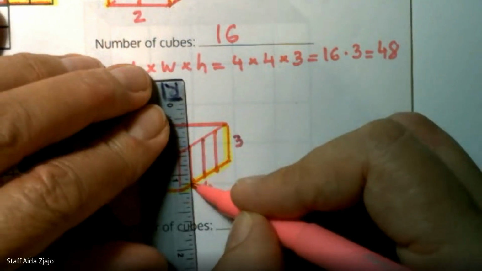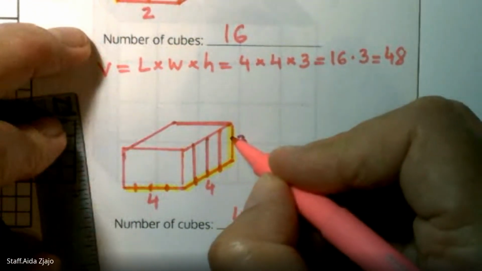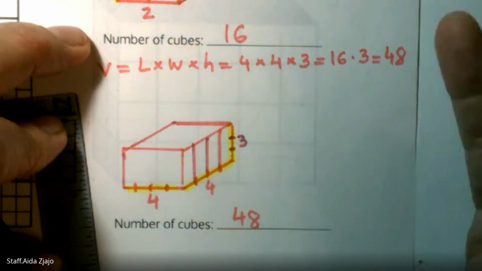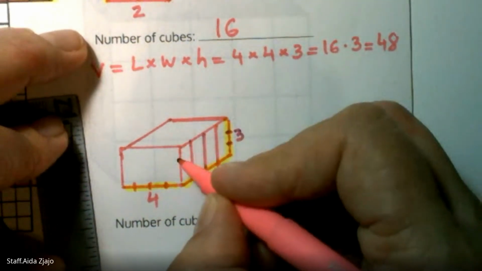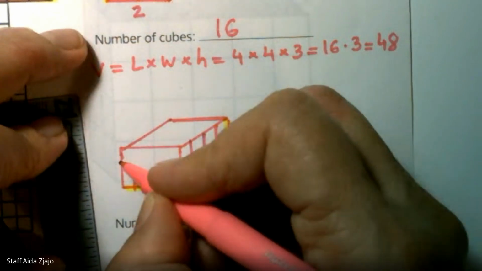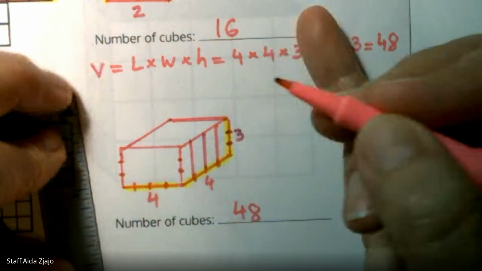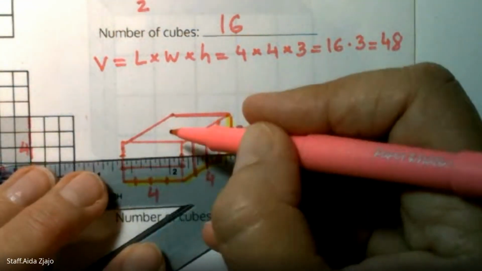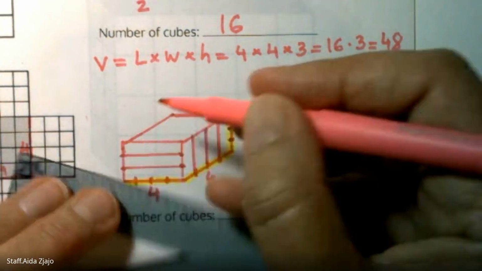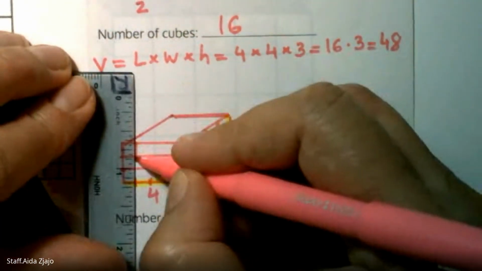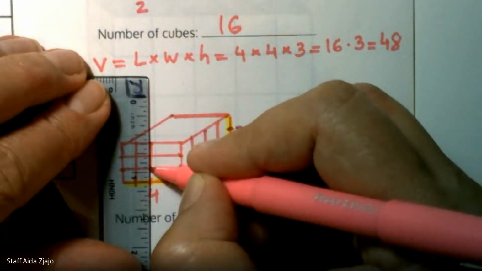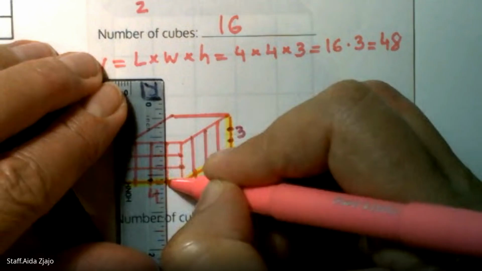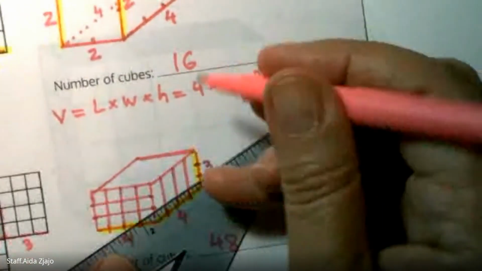And this one needs to be in 3 pieces, so 3 units. So here the 3, and this one is 4. Right.